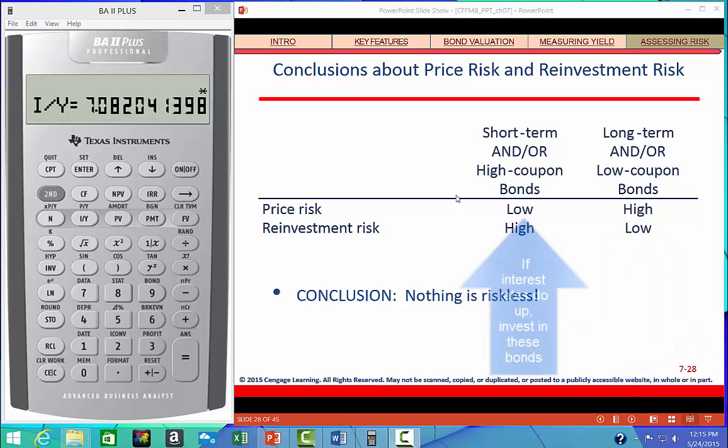And if you think interest rates are going to go up, then you should invest in short-term, high coupon rate bonds, because then you'll get the most minimal negative impact to your investment. And overall, because we have these two risks, no matter what you invest in, you will face some sort of risk.